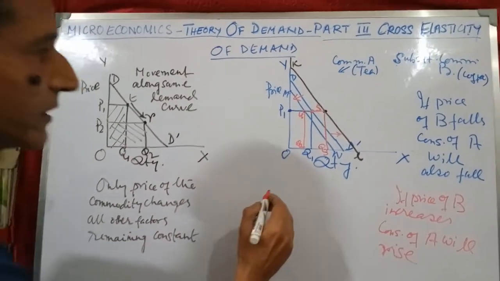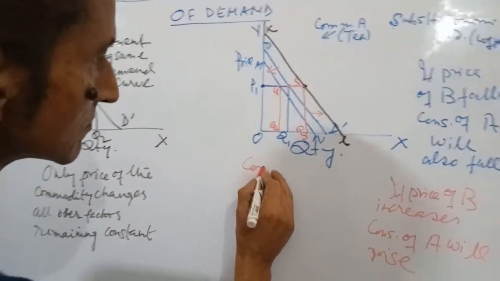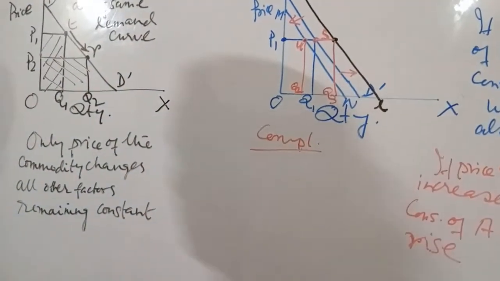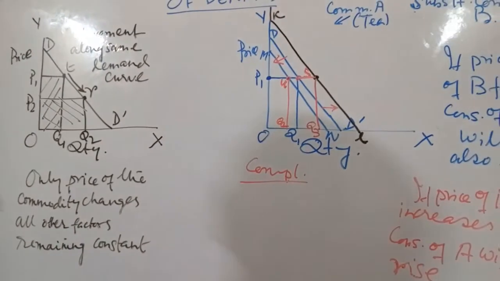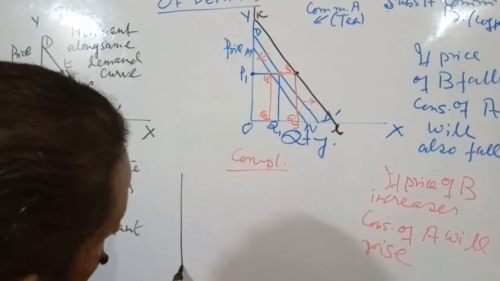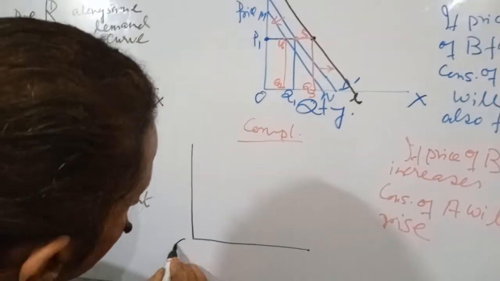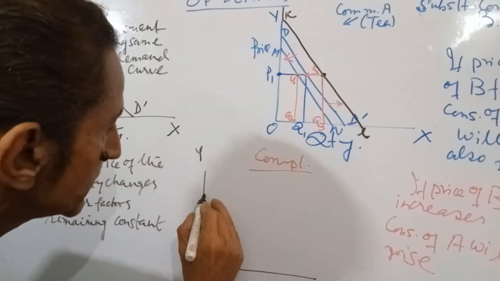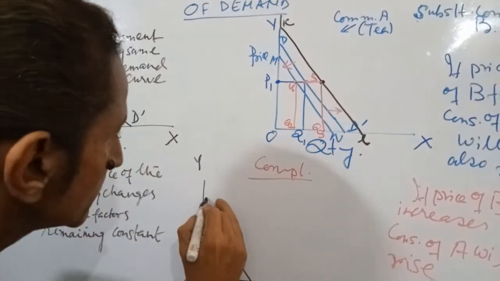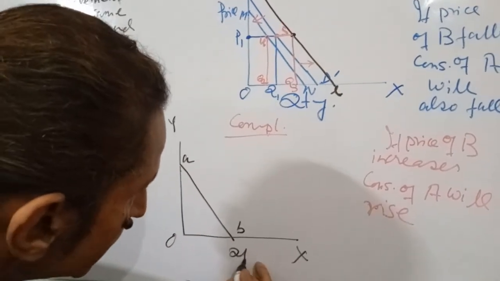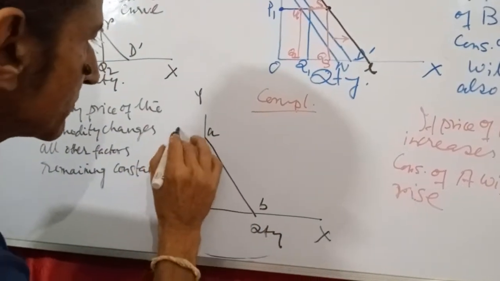And for complementary goods, let this be the original demand curve, say AB. On x-axis we measure quantity and on y-axis we measure price.